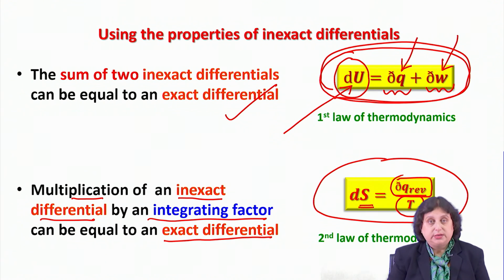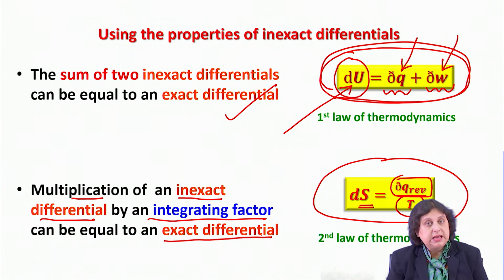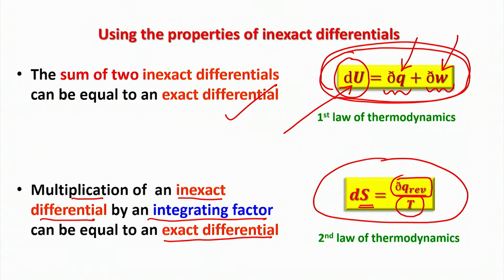But there are quantities which we are accustomed to, we have seen them in our experiments, like heat and work, which appear at the boundary or the wall separating the system and its surrounding during the change in state. A very small amount of heat exchanged is once again given this notation dq. But dq, is it a state function? The answer is no. Why is that so?